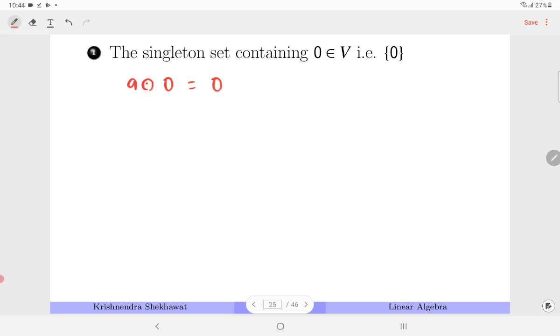Now in this vector equation, if you choose a to be 0 or non-zero, it is always satisfied. So a can be 0, a can be non-zero. It means this vector equation has a trivial solution as well as a non-trivial solution, and therefore this singleton set is linearly dependent.